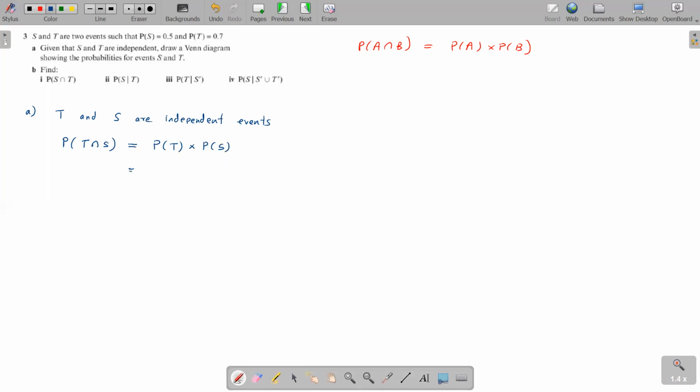Probability of T is given as 0.7, probability of S is 0.5. If you change the two letters, that's perfectly fine. S intersection T, T intersection S, both are the same. So 0.7 into 0.5, that's 0.35. Can you guys see? So we know the intersection probability. Now we can go for the Venn diagram.